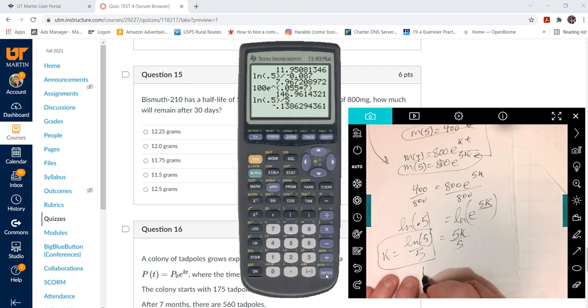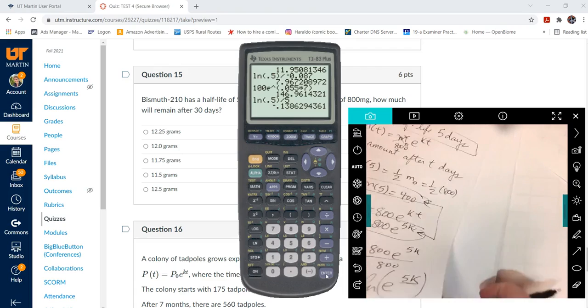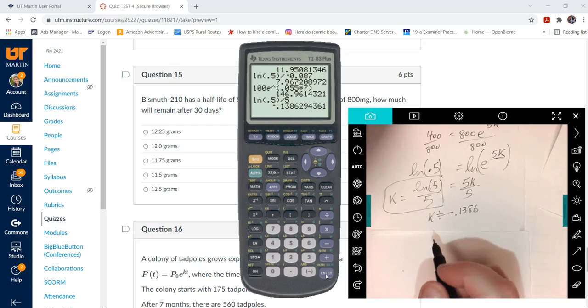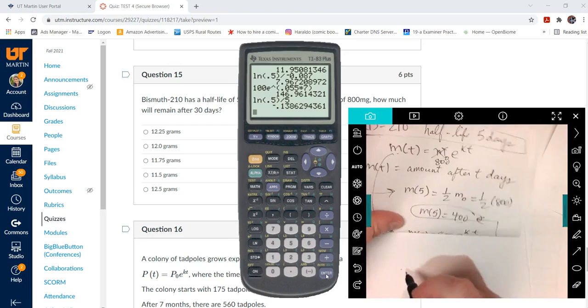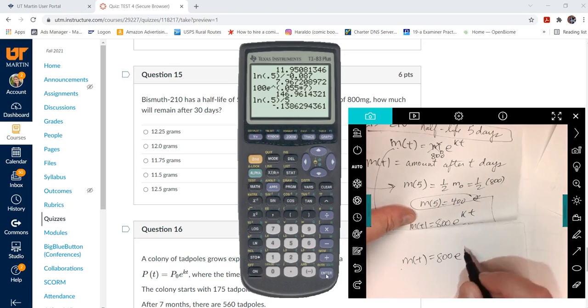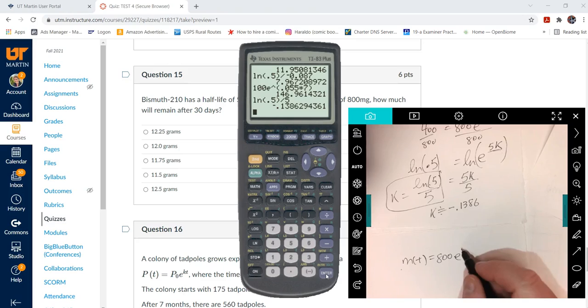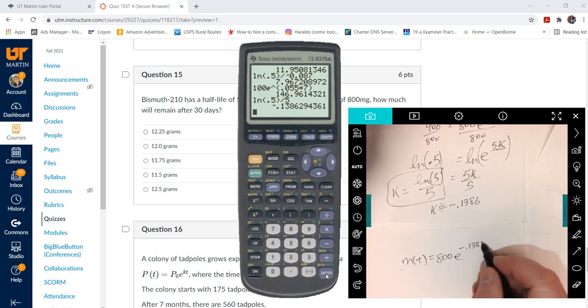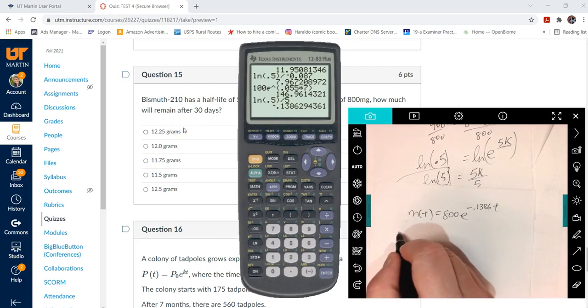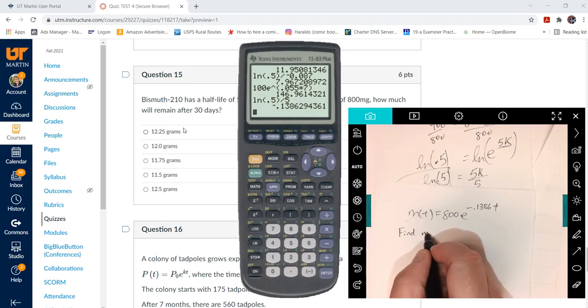Okay, so 0.1386. So now I have this formula. I can write it as 800 times e to the k times t, and that's going to be my k. And now the question is, how much will remain after 30 days? Find M of 30.